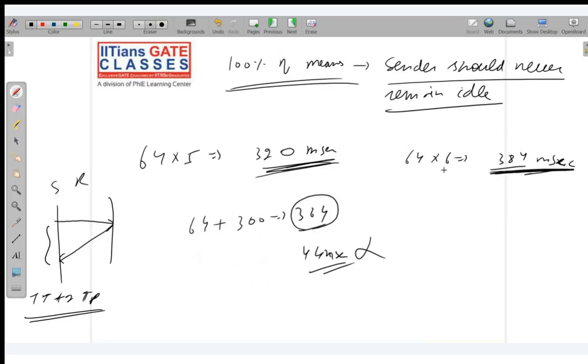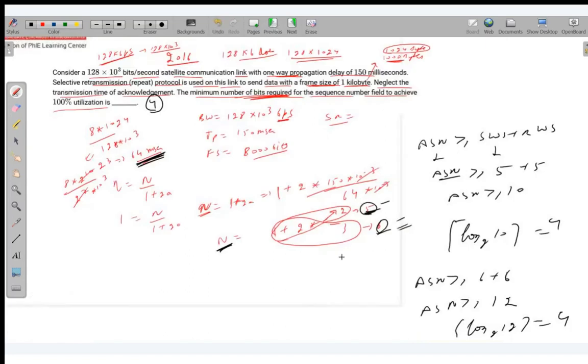Till 5 frames you have transmitted properly, and the 6th frame you were transmitting when the acknowledgement for the first frame came. So you have transmitted about half of the 6th frame, and still your acknowledgement comes. So that means the sender is still busy. Are you getting it now? So 6 should be the answer, not 5.